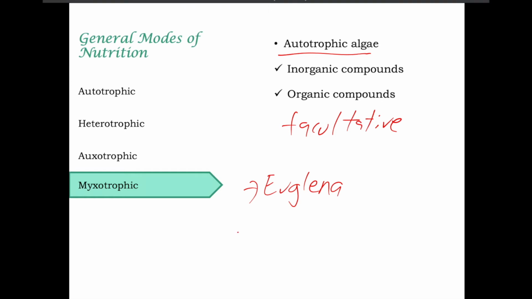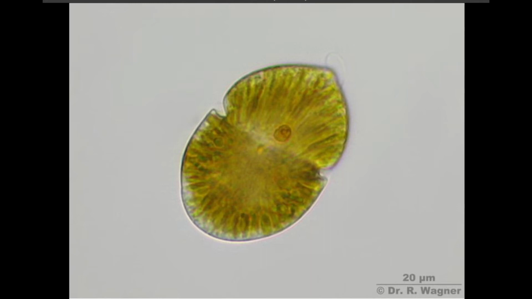Another example would be the one right here. So this is your Gymnodinium. This is a dinozoan member. So Gymnodinium is of the genus of your dinoflagellates.